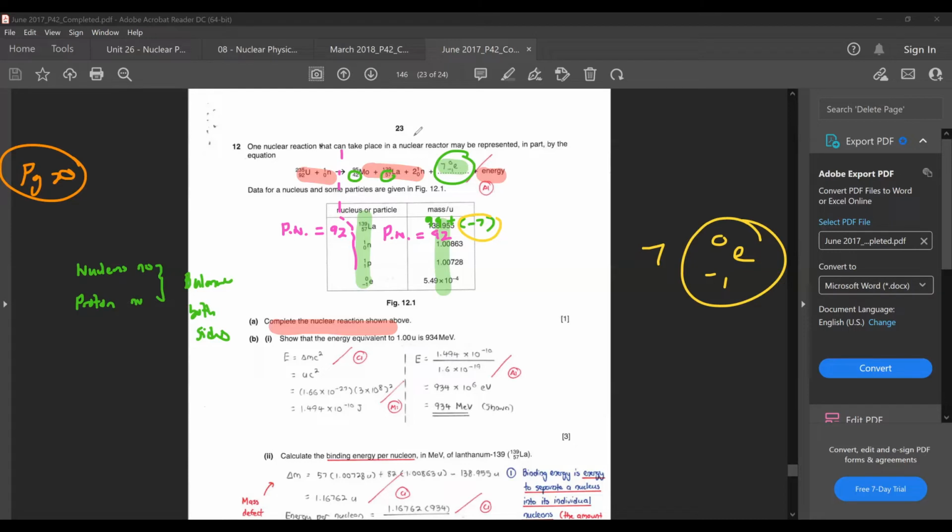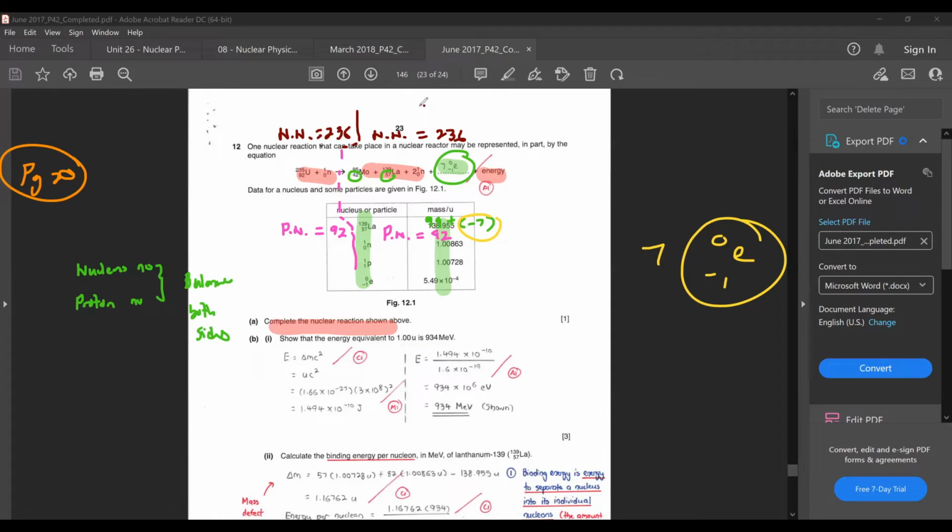Okay, you can double check again with your nuclear number at the top just to be sure. Your nuclear number at the top is going to be 236. So after the reaction, your nuclear number must be 236 also. So let's try and add up all your nuclear numbers, see whether you're getting 236.